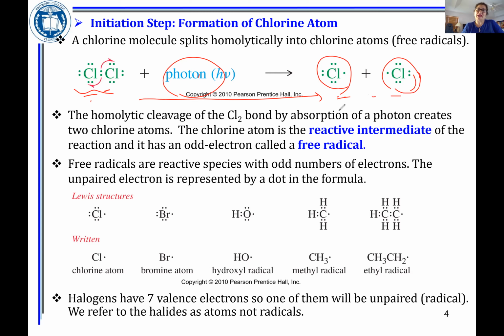So that's the starting reaction. For the chain reaction, you need the free radical. So it's basically the splitting of the two chlorines into single ones. Yes, to generate the free radicals to start the reaction.